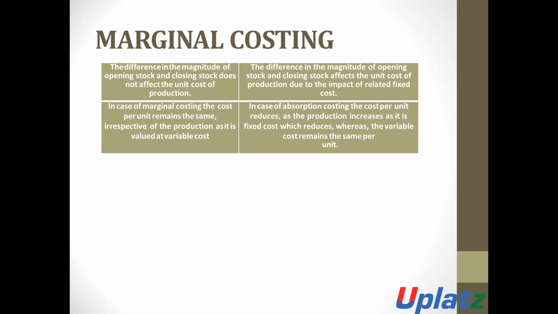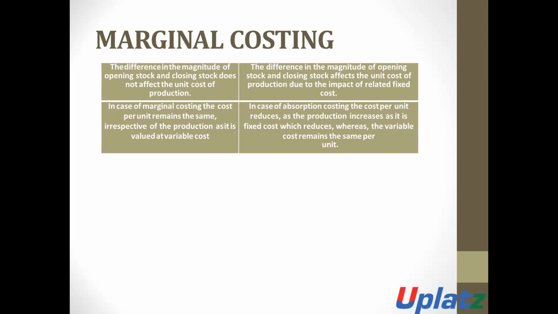But in the case of absorption costing, the differences in the magnitude of opening and closing stock affect the unit cost of production due to the impact of fixed cost. In absorption costing, the fixed cost is also considered for taking the value of closing stock and opening stock. In the case of marginal costing, the cost per unit remains the same irrespective of production, as it is valued at variable cost.